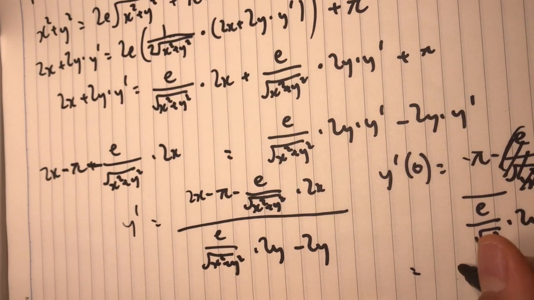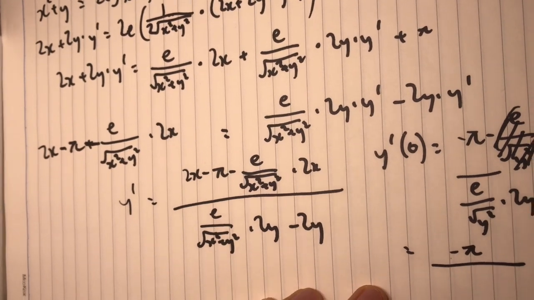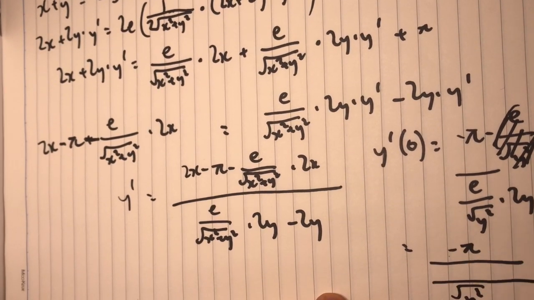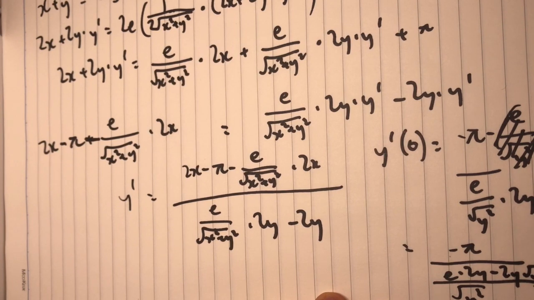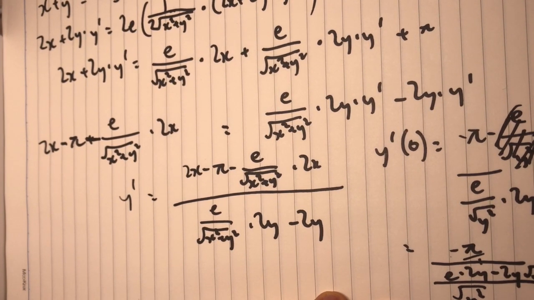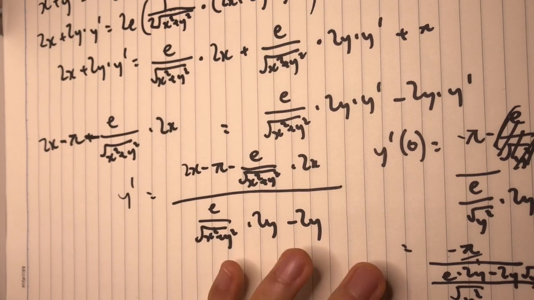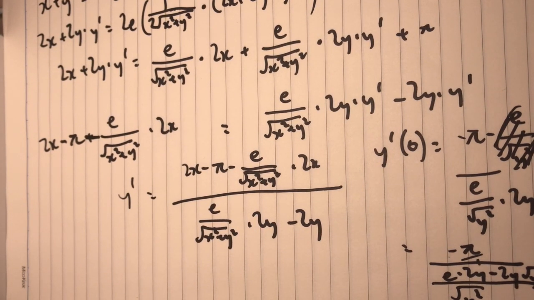But we don't know the y value, so we need to go to the original equation to plug back in x equals 0 and then solve for y. That's just wrapping up the calculation for y prime 0.